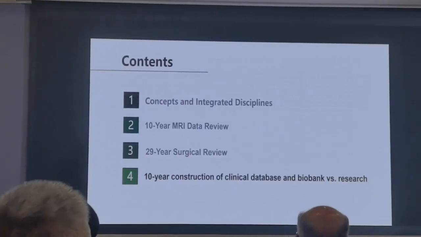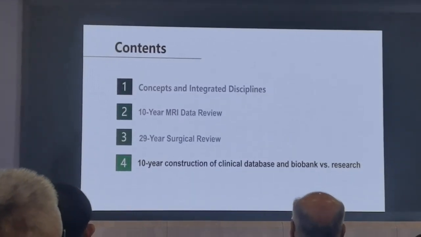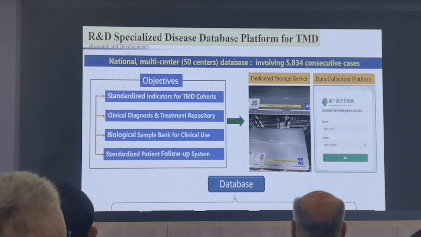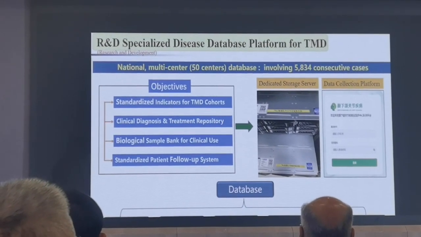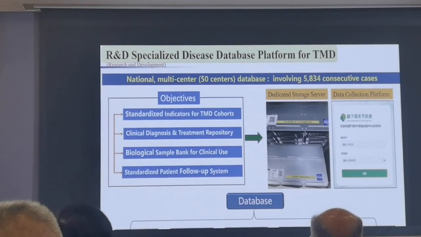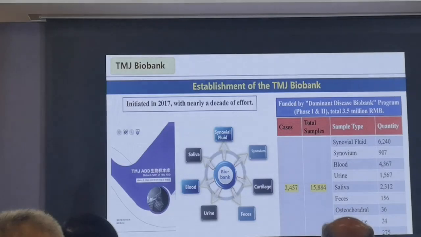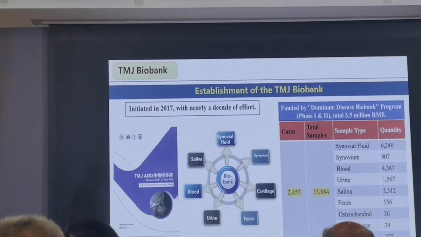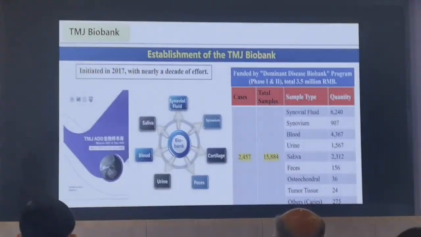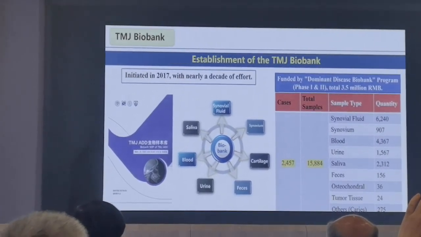And 10 years of construction of the clinical database and biobank for research. We set up the database as the form for the TMJ disorders, 5,800 cases, and the TMJ biobank, 2,400 cases, and the total samples more than 13,000.